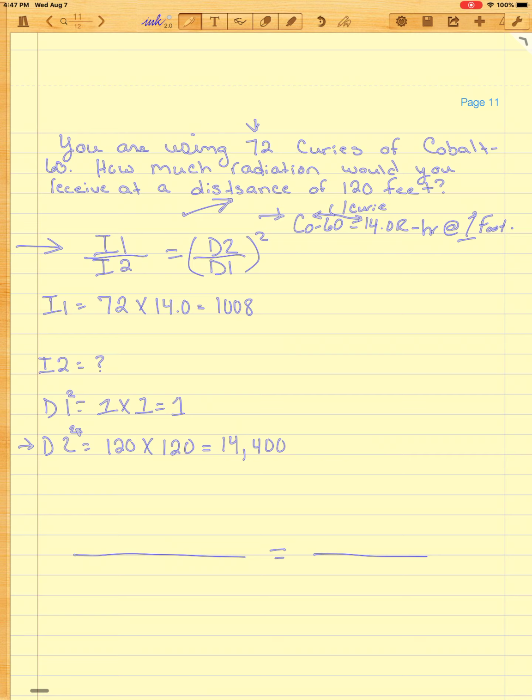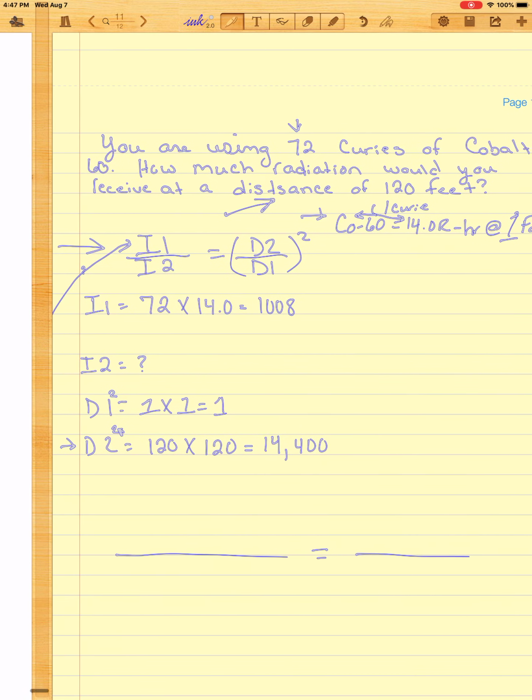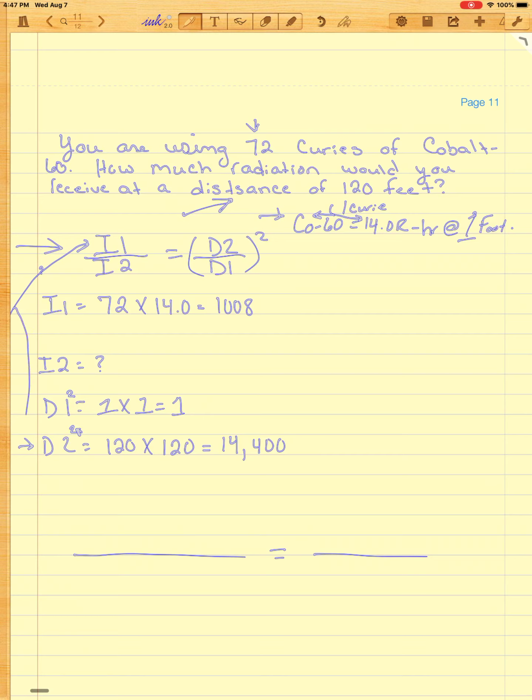Intensity 1, I know, goes right here, and so on. So intensity 1 is 1008. Intensity 2 is what we're solving for, and distance 1 is 1 foot, and distance 2 is 14,400.